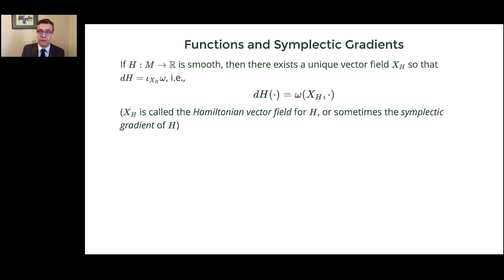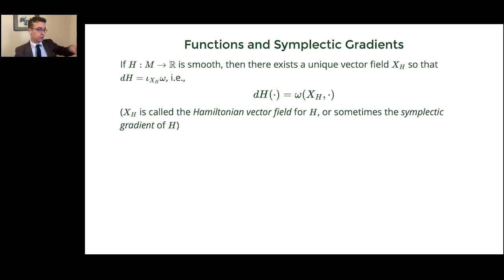If I take a differential, I get a one form. And then the fact that the symplectic form is non-degenerate guarantees, by a sort of Riesz representation theorem, that there's some vector field which I can contract into the symplectic form and get whatever one form I want.